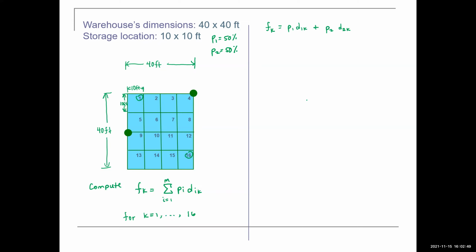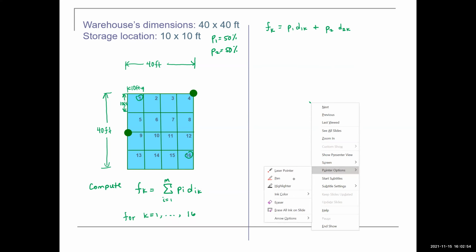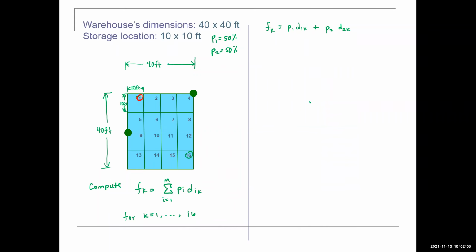So if we look at location 1, this is going to be location 1. We are going to find F1 for location 1.